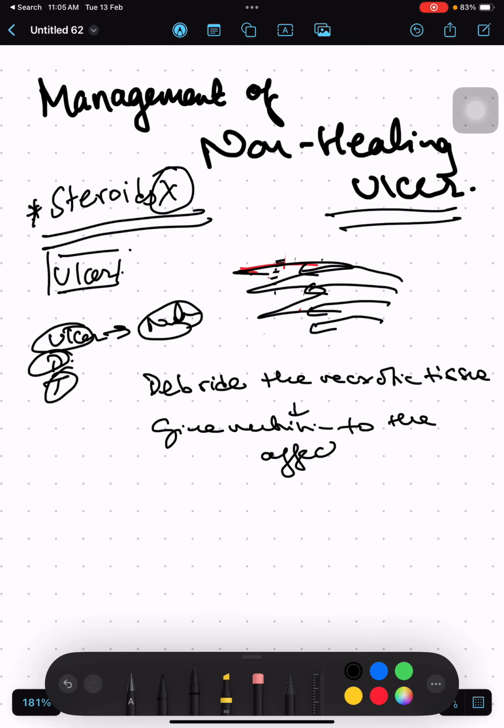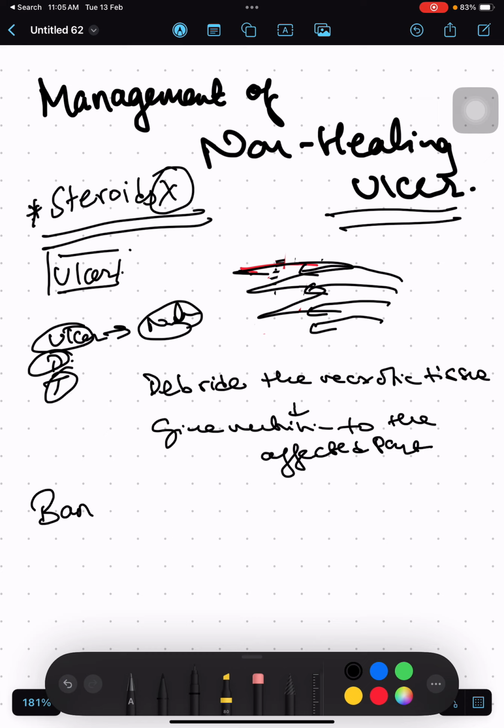Now, how are we going to give nutrition to the affected part? We are going to use an oxygenated lens. High water content means more oxygen transmitted. So we are going to use bandage contact lenses.